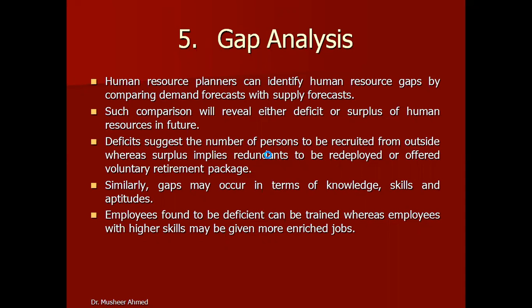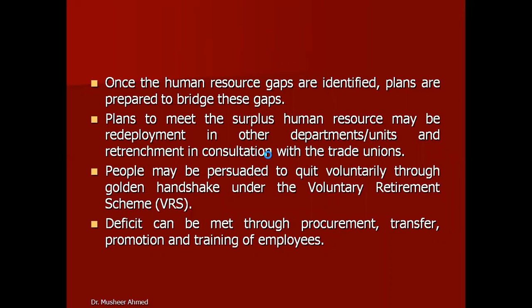Those employees who fall short of skills should be trained, and those who are already enriched with these skills should be given better or more challenging jobs, so that they may be able to utilize their skills in those jobs, right? Further, once human resource gaps are identified, plans should be made to bridge these gaps so that these gaps may not exist, right?